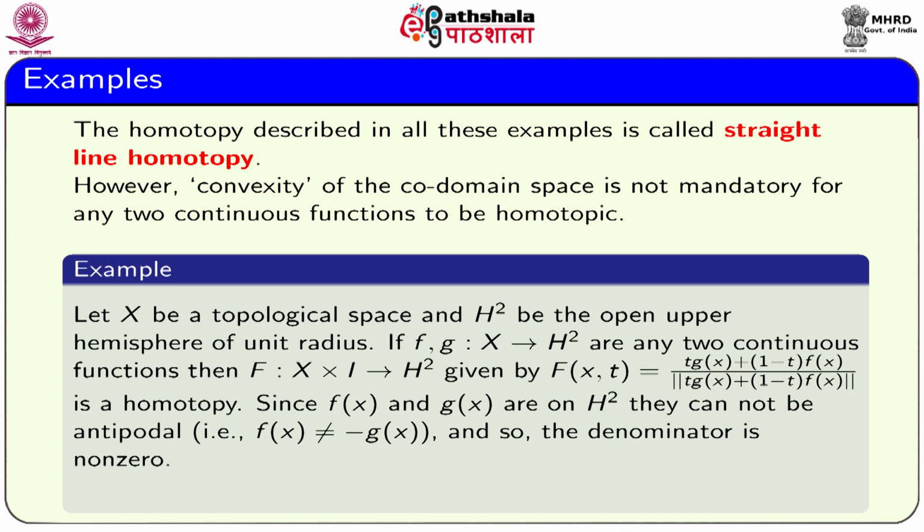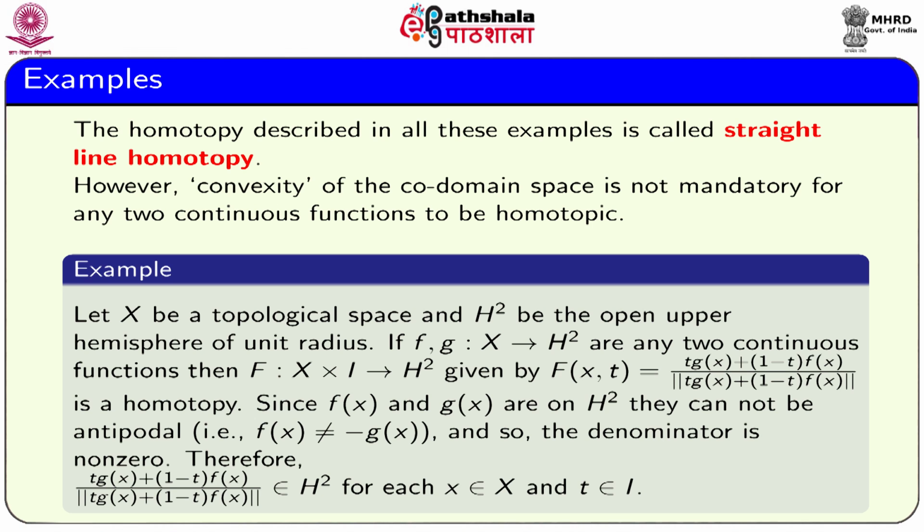What I mean by antipodal points is that they are not diametrically opposite points, and that is not possible because we are taking only the open upper hemisphere of unit radius. Therefore, capital F is serving as a homotopy between f and g.